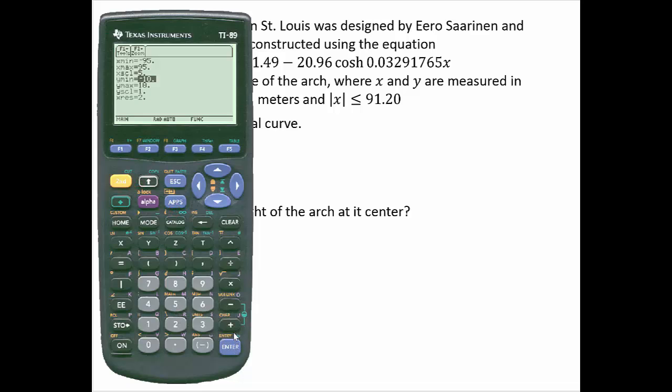On the y's, I'm really not sure where to start. So I'll go from negative 5 meters, so it'll be easier to see the x-axis, as opposed to if I started at 0. And for the y maximum, let's start with 100 meters, with a scale of 5s again. Now let's look at the graph and see what happens.